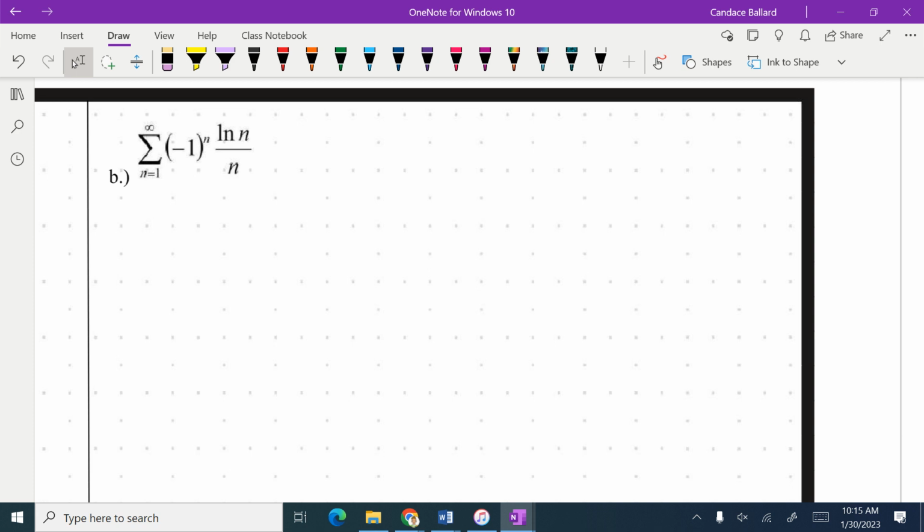So we know we have to use alternating series tests. All right, so let's start with our limit as n approaches infinity. So that's step 1. And this step 1, step 2 thing, that's a Mrs. Ballard thing, okay? It's the limit as n approaches infinity of the natural log of n over n.